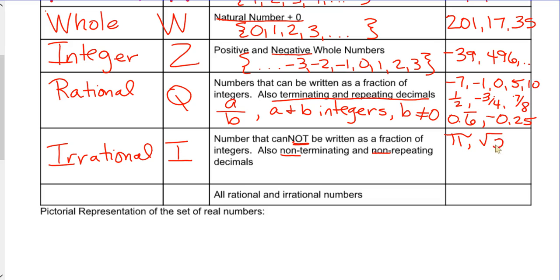Any square root that does not simplify down would be an irrational number. I could also do a negative square root of 5 or something like that. But I could also look at a decimal, and a lot of times when we do an irrational number, we do a pattern in it, but it's a pattern that's not going to be repetitive.